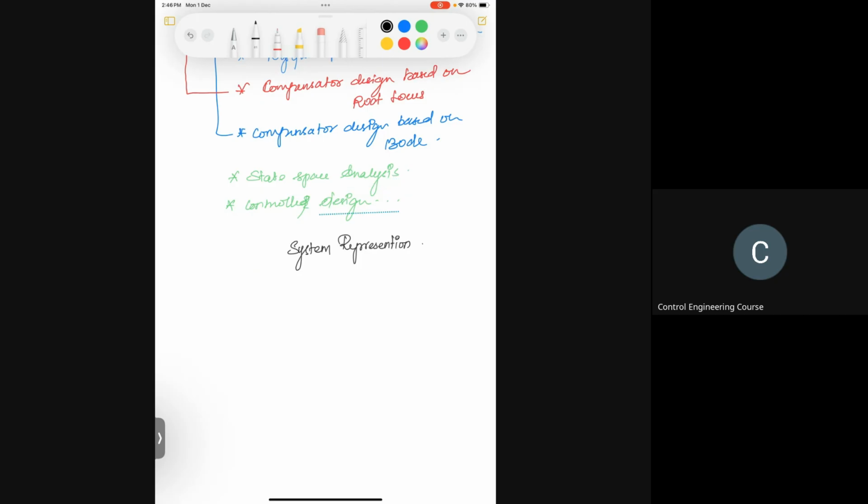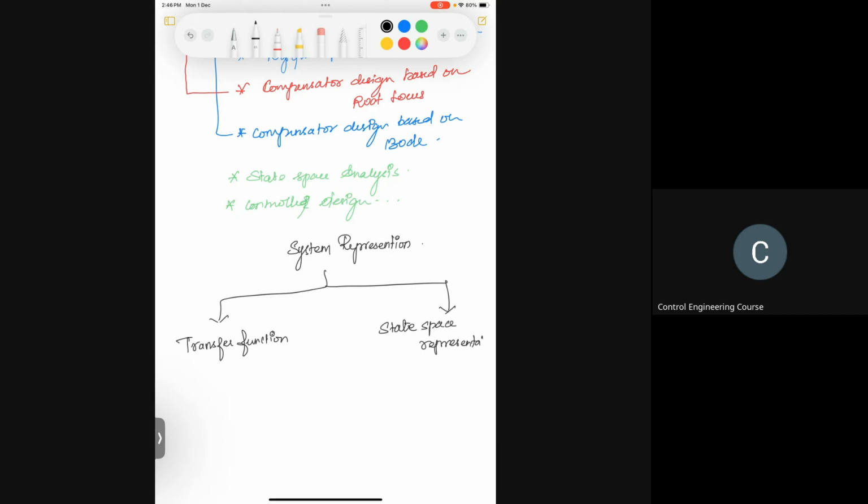As a language medium for system representation, we have three different representations. Majorly, now we are going to focus on transfer function representation and state space representation.